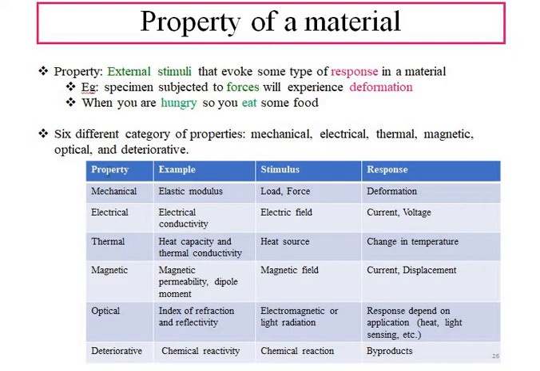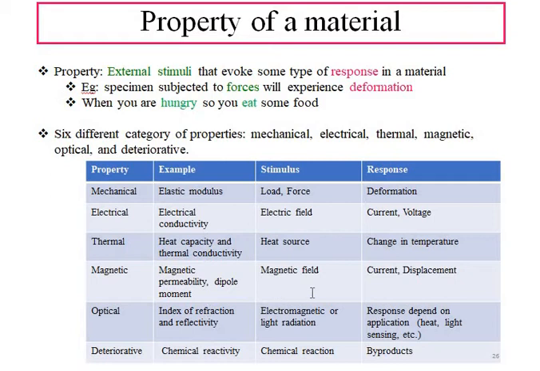So these are the solutions, or the answers. I think everyone has searched and might have got different answers. No issues for those. Like here, one property is chemical reactivity. For chemical reactivity, the chemical reaction is the stimulus, and the response is the byproducts.